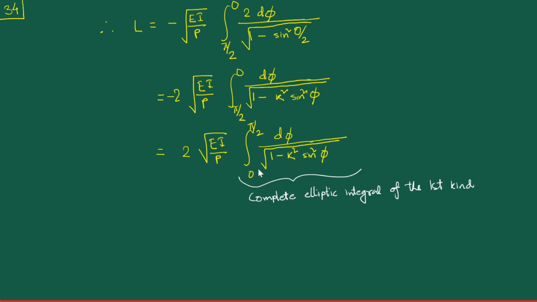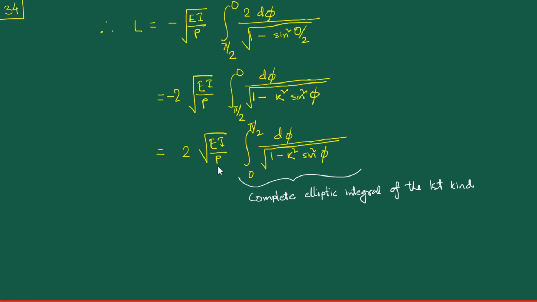But you see here, this K is involving the alpha. And let us not forget that we don't know alpha. What do we know here? You see the left hand side of this equation. The length is very much known to us. The Young's modulus is known to us. We know the second moment of area.